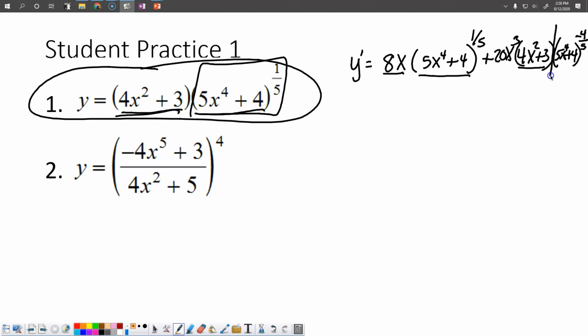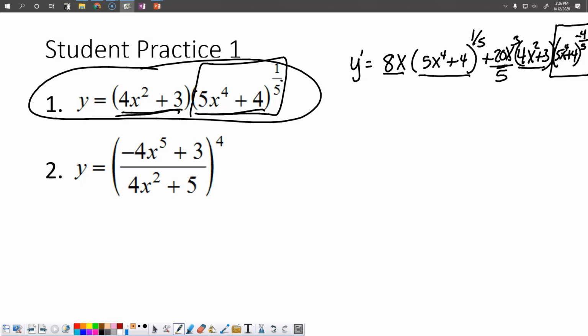So right here is where I have the derivative of the outside function, with that piece included, by the way. And then, oh, you know what? I forgot to include the derivative of the inside, I think, didn't I? No, I did. I forgot this was supposed to be over 5, so my bad. So this actually was supposed to be 20 over 5, because the derivative of the outside would put a 1/5 in the front.